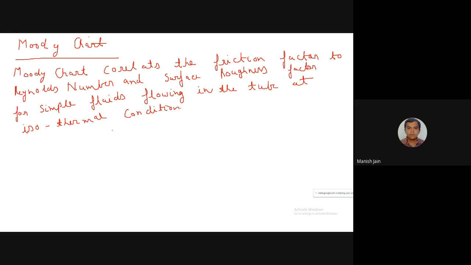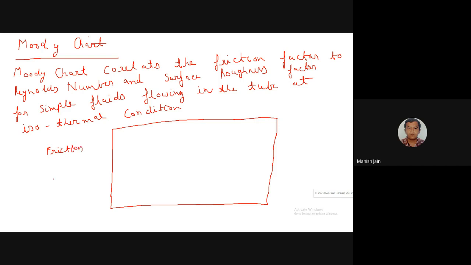And now I am plotting the Moody chart, how it looks. The original Moody chart you can find in the book. Next class I will also show it in the PPT. So I'm just plotting a rough diagram of the Moody chart. In the y-axis you have the friction factor. The Moody chart is a log-log plot. In the x-axis you have the Reynolds number.